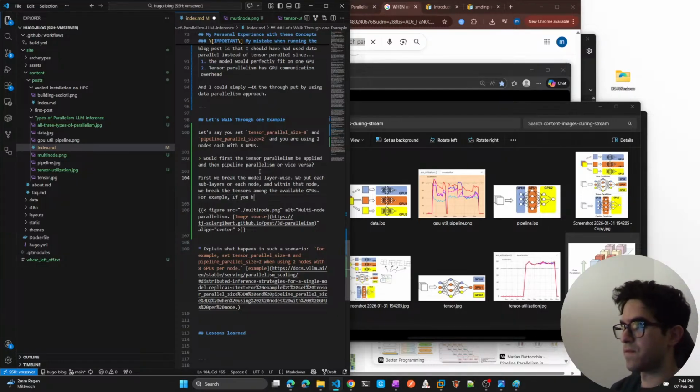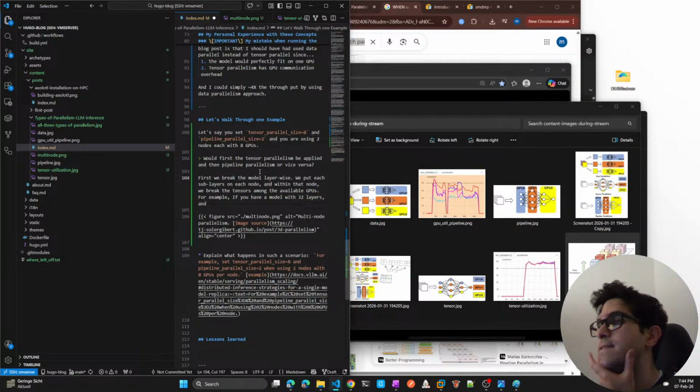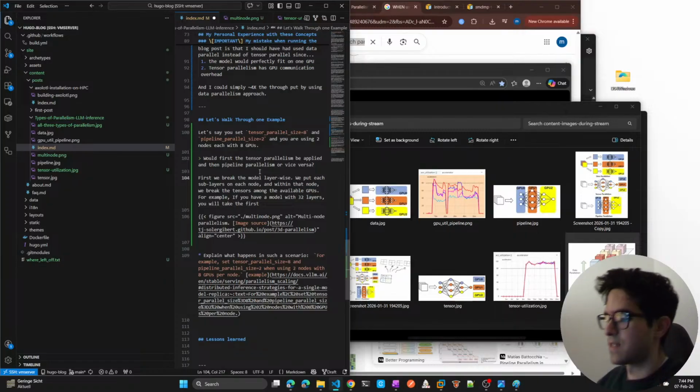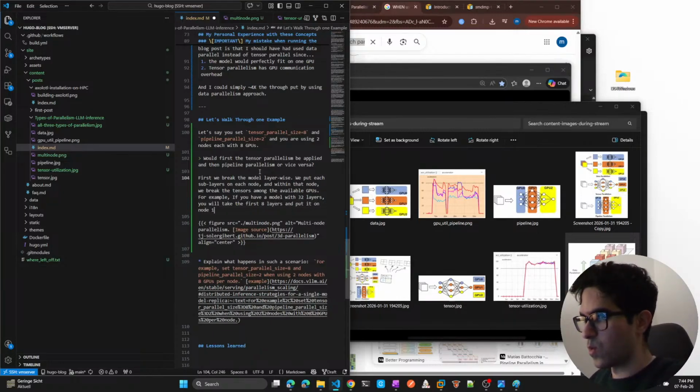For example, if you have a model with 32 layers, you will take the first 8 layers and put them on node 1, and the second 8 layers will sit on node 2.